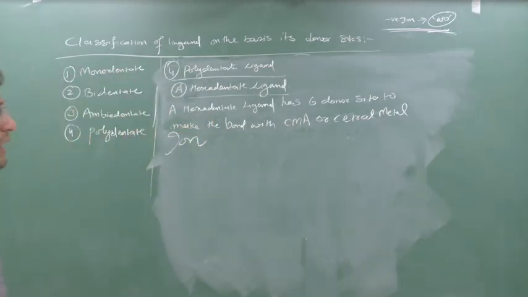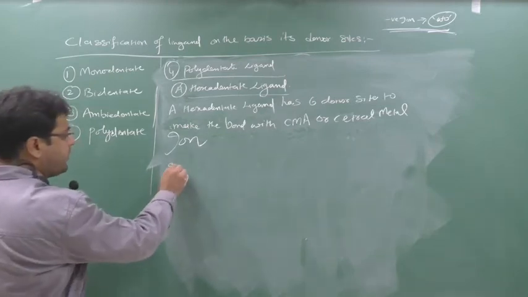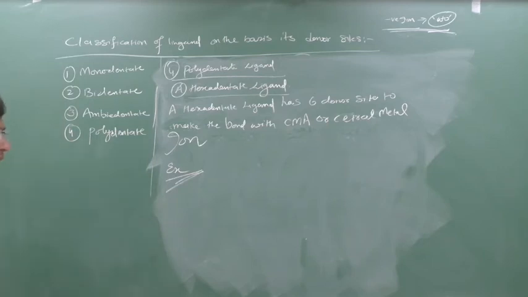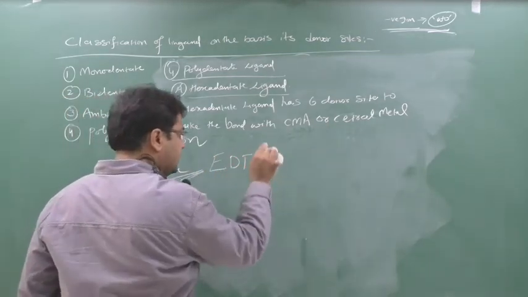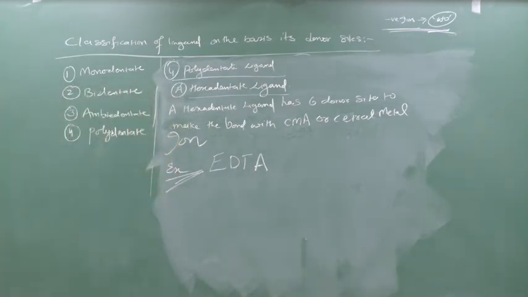Now I am going to discuss a very important part of the chapter. Sometimes they can ask for 2 marks just the structure, the type of ligand and the example. The very important example is EDTA, ethylene diamine tetraacetate.